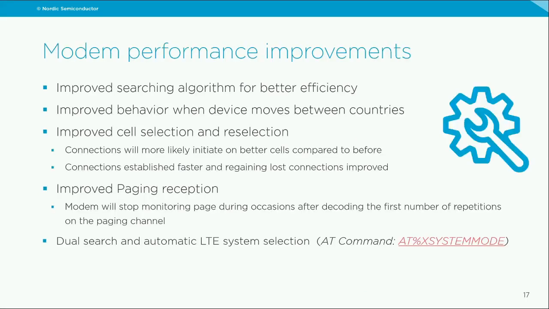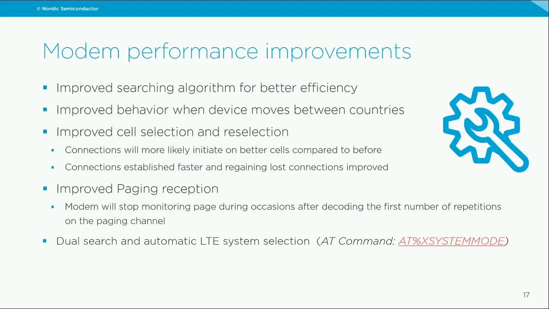And now over to just some general improvements on the modem side. So we have done a lot of work to improve the searching algorithm for better efficiency. So now the modem will make some clever decisions based on different parameters that we have included and historical data. So it should do a quicker network search and also find the network faster and save more power than before.